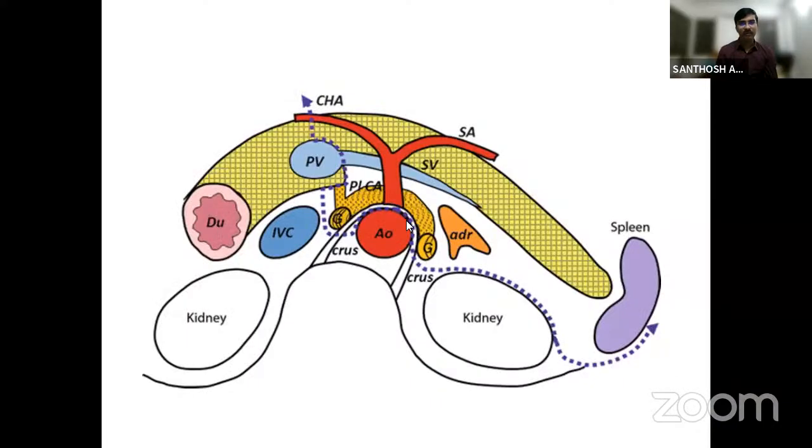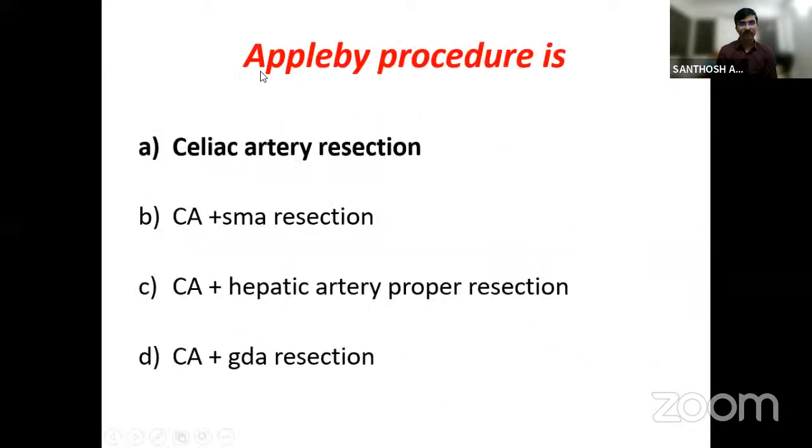I have double tapped multiple times. How is it seen now? I think it's seen big only, no? Big only. Okay, fine.